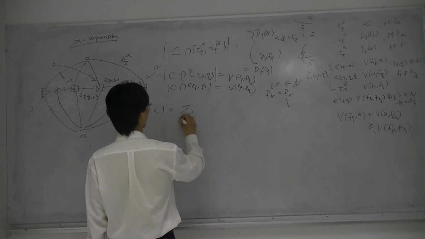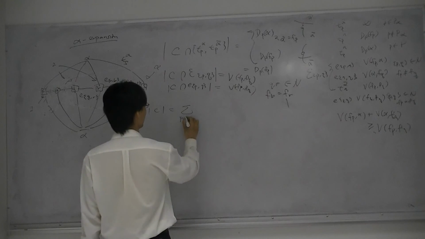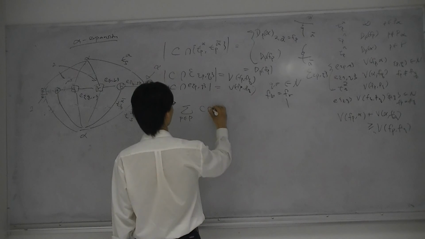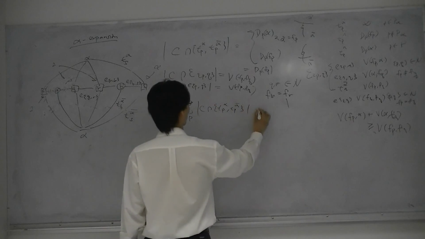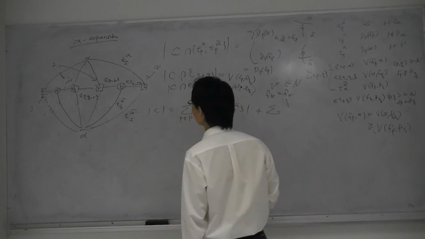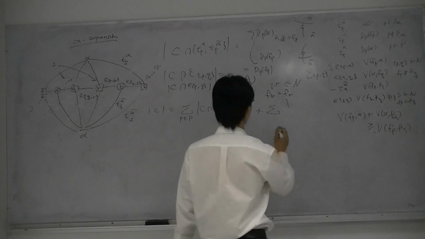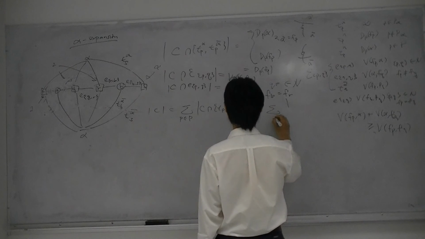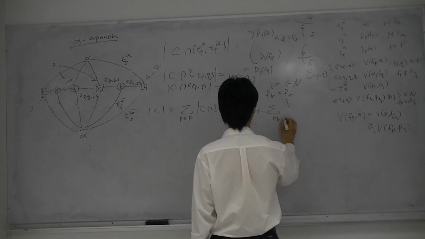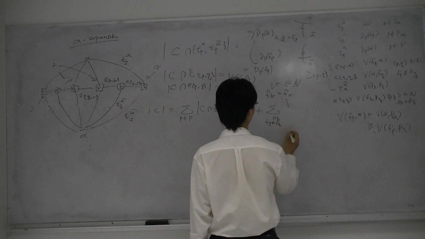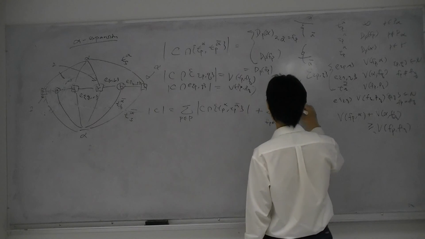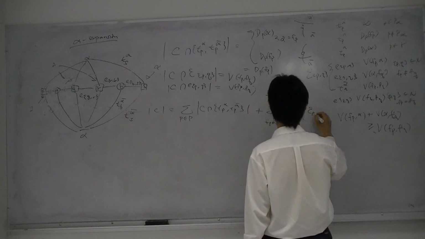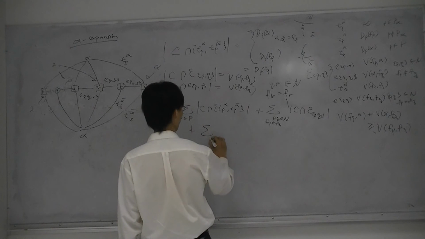You sum over all the P here, for all the pixels that C intercepts with, like TP alpha, TP alpha bar, plus the sum over each of these pairs here, that's basically this PQ, where FP is not equal to FQ and PQ are neighbors of each other, that will contribute this set EPQ here, and plus a symbol for PQ.